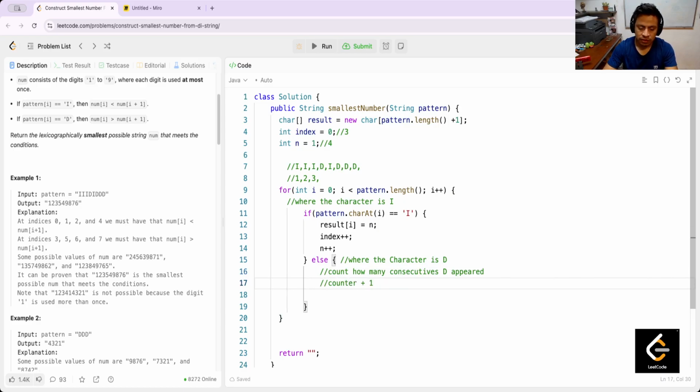Counter one. Okay. Now for this, I think that I need to transversal since the current with another one. Yeah, and here I need another index.